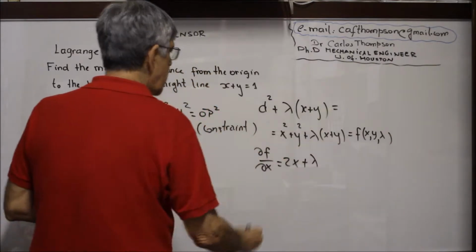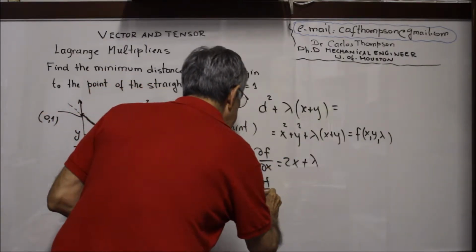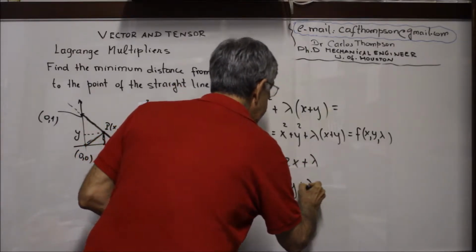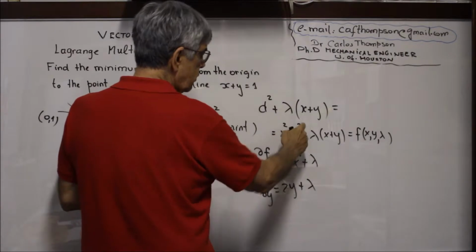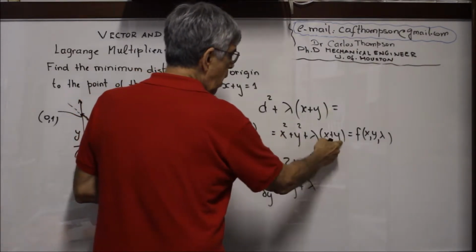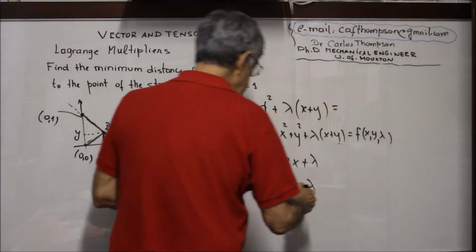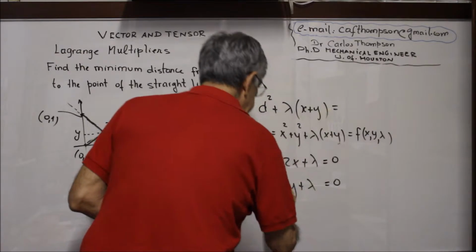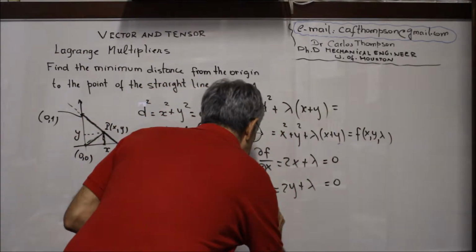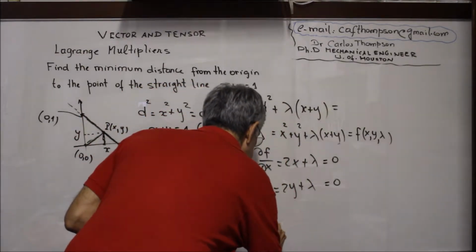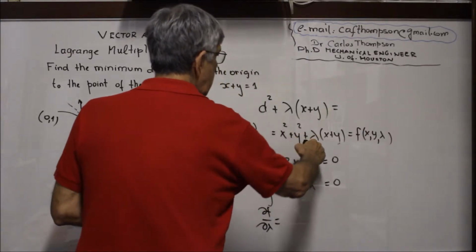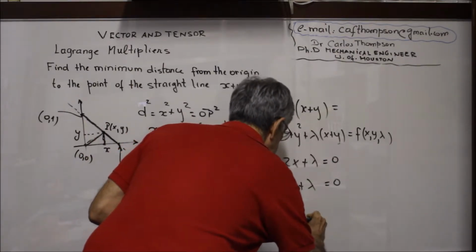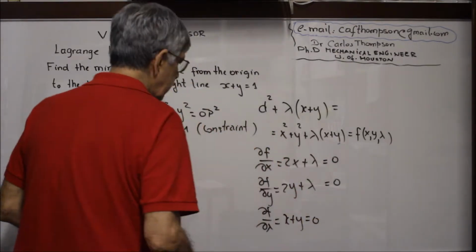Now the partial of f with respect to y is 2y plus lambda, and this has to be equal to 0. Finally, the partial of f with respect to lambda is x plus y minus 1, so this will be equal to 0.